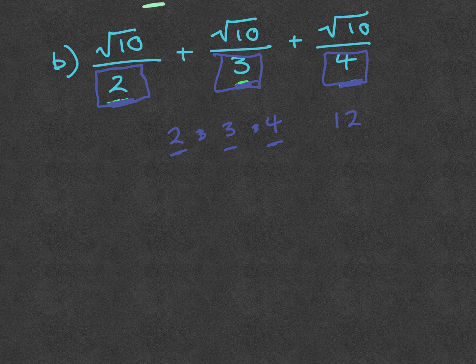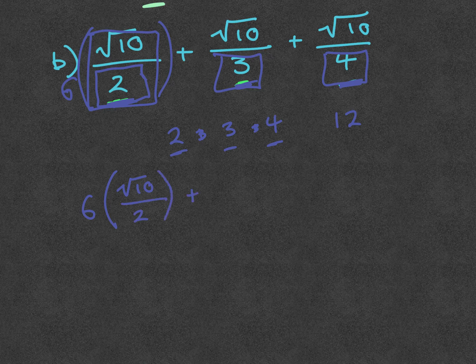okay? So the way we do that, for the first fraction, we have to think about what we're going to need to multiply it by to get the bottom number to be a 12. And we need to multiply this whole fraction by 6, okay? So what we're going to end up with is 6 multiplied by root 10 over 2 plus, now to get 3 into a 12, we need to multiply that by 4.